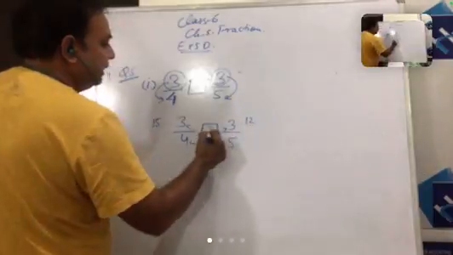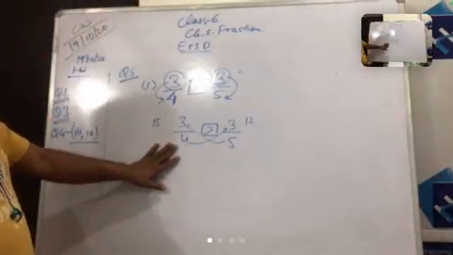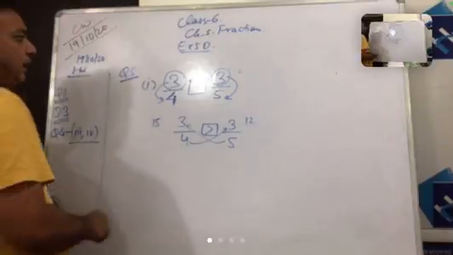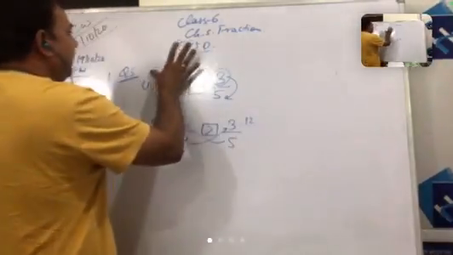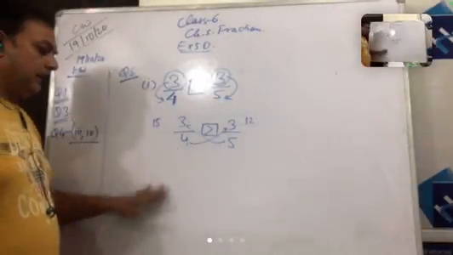Now see, this is greater, clear? Now it is clear. You can every time check your answer by using another method, clear?